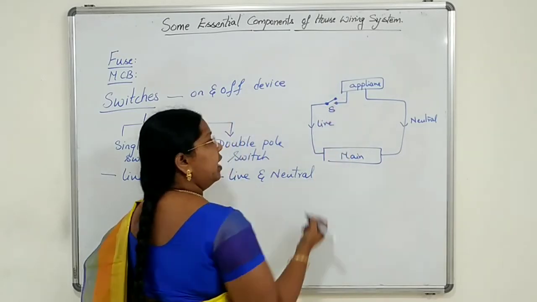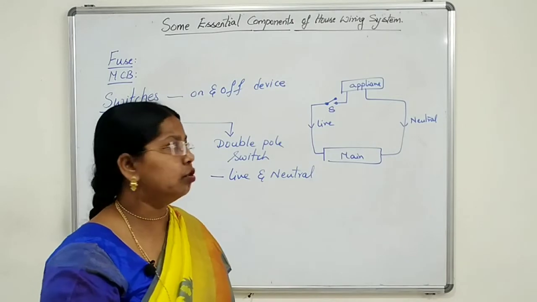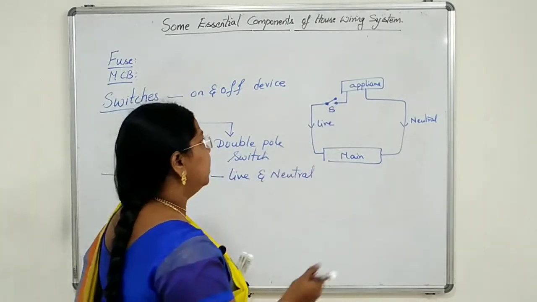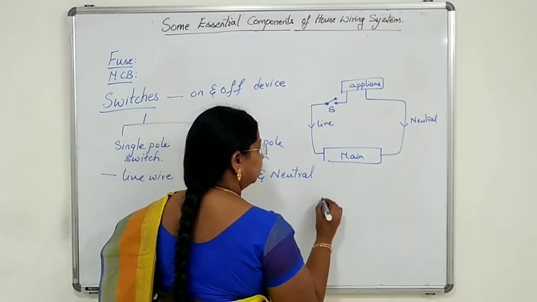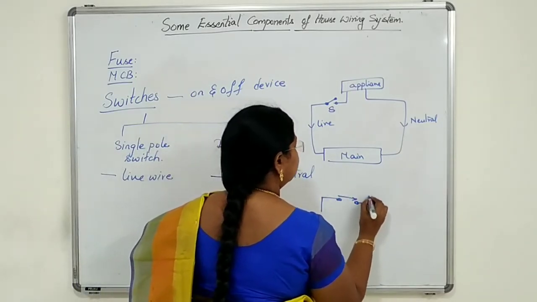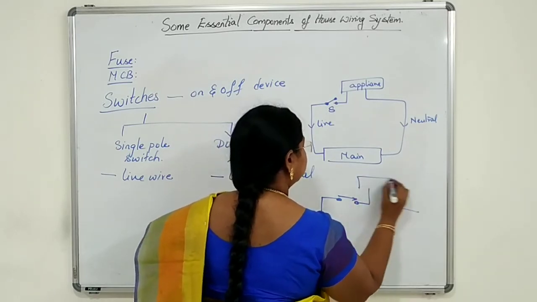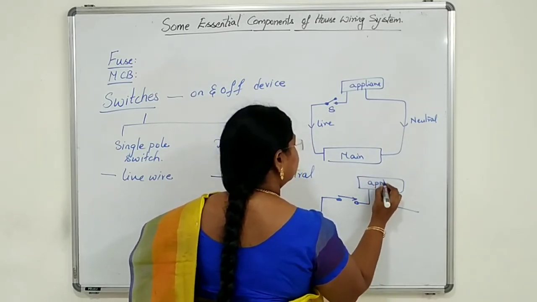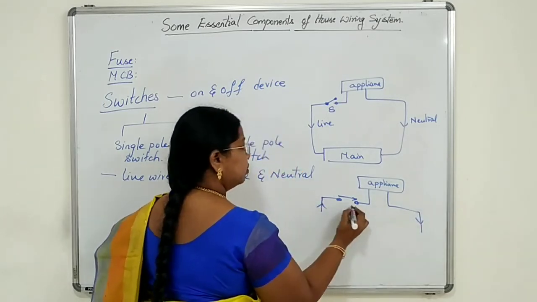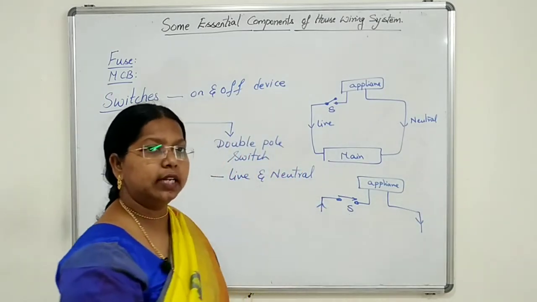It is denoted by S. So this shows that the switch is off. There is no connection. When we keep it like this, it shows that current enters. The switch is on. Clear, students?